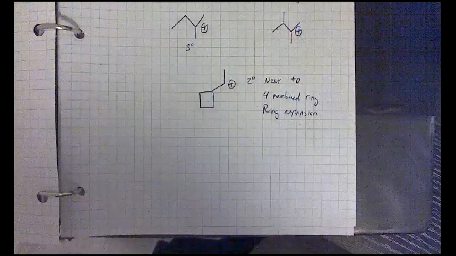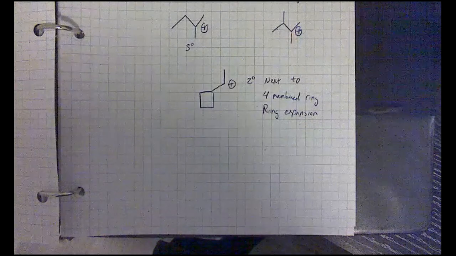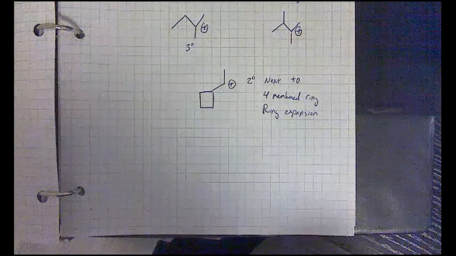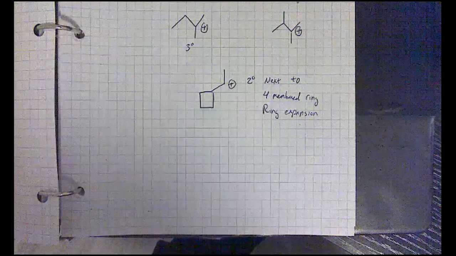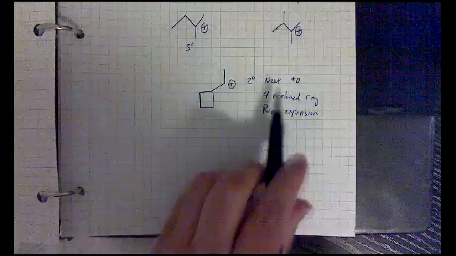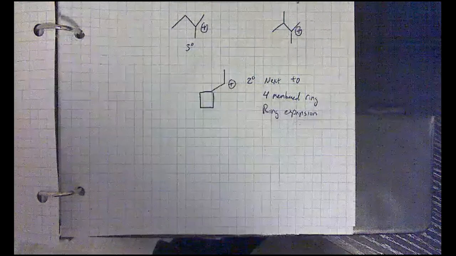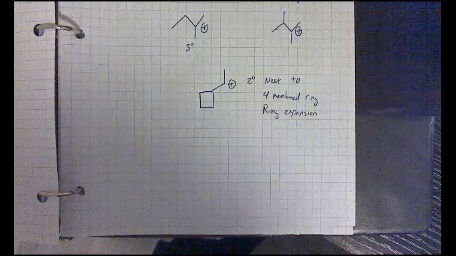Have you guys talked about ring expansions? Okay, well, it's on our practice exam here. So this is really simple. I promise you, it's not so bad. But if you have a secondary next to a 4-membered ring, we have a ring expansion. So these are the 3 scenarios for our carbocation rearrangements, all right?